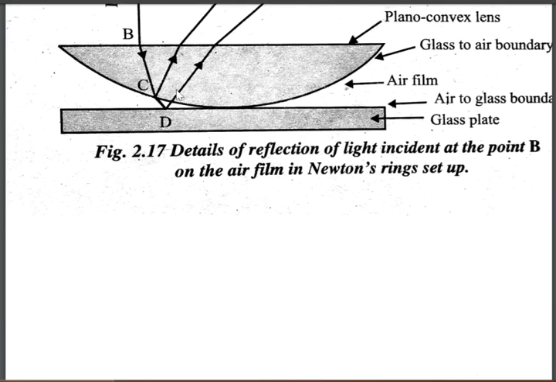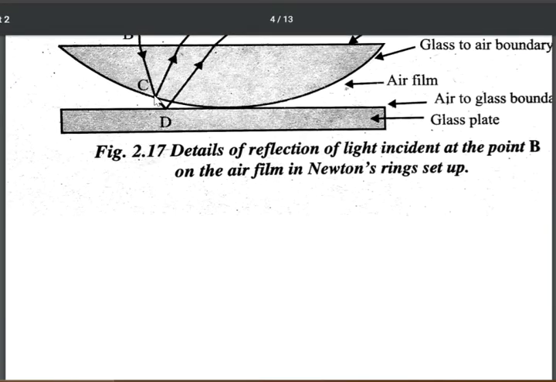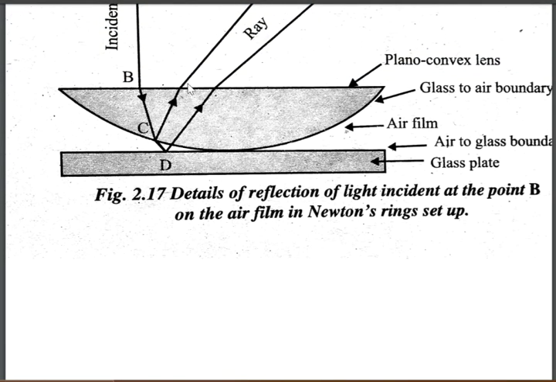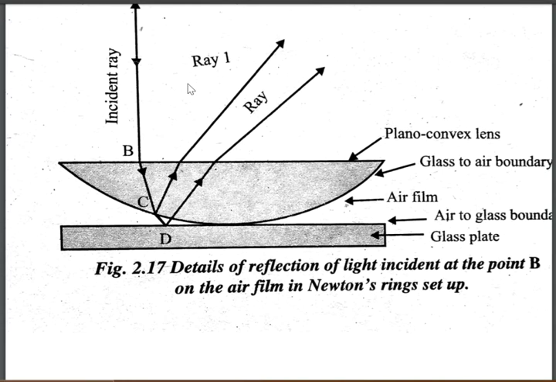Look at the figure. One ray is reflected at the boundary between glass and air at point C. That is your ray 1. Then the remaining light undergoes refraction along CD.